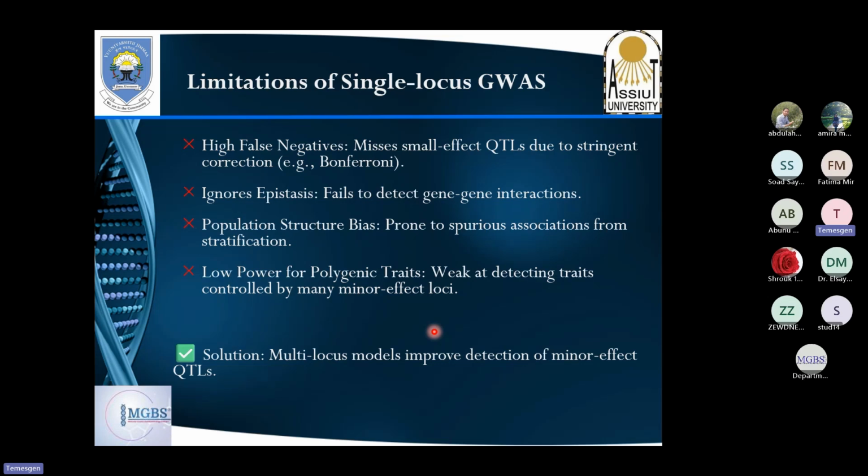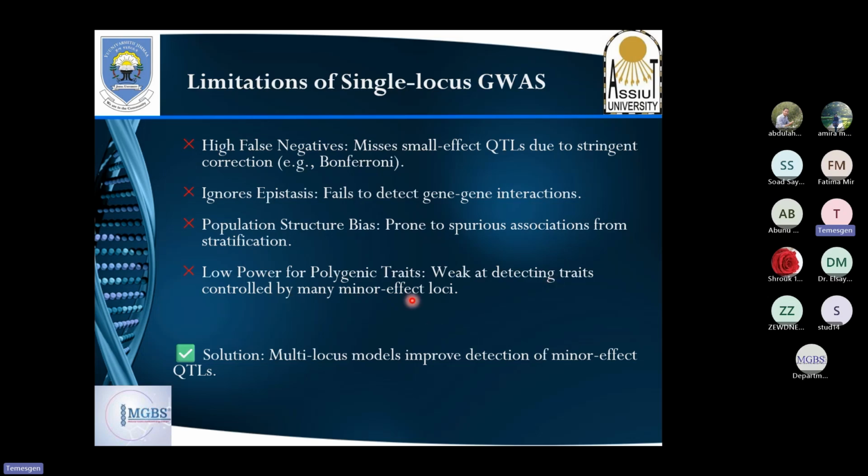Most of the alleles have very small effects. The other one is that it ignores epistasis, the interaction between different genes or different alleles. Then population structure bias and low power for polygenic traits. So it has weak detection for traits controlled by many genes with minor allele effects.